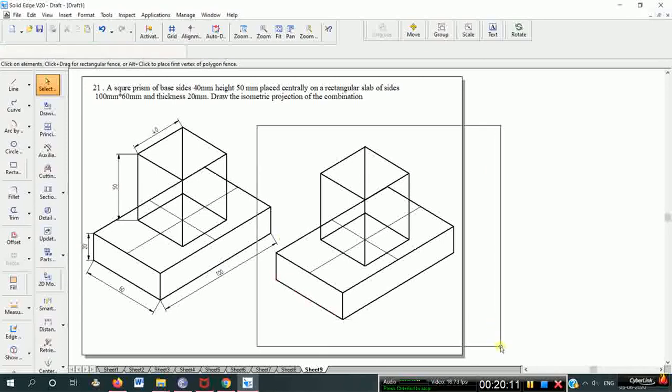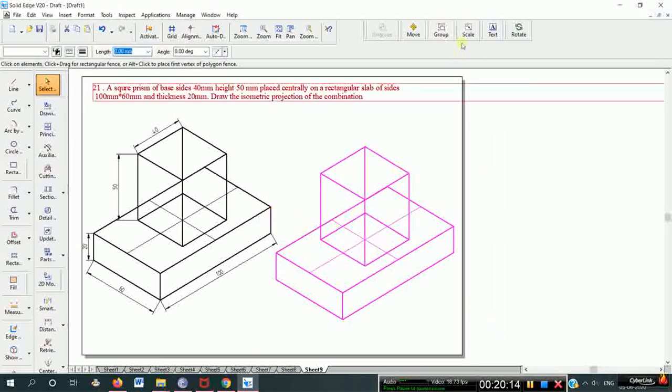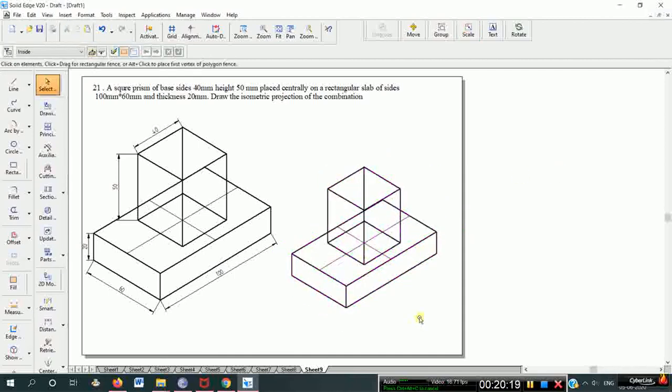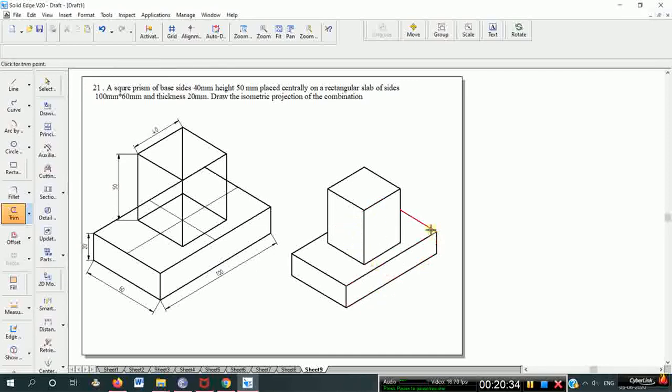So now convert this to isoscale. This is the combination of two solids, a square base prism placed on a rectangular slab. Okay, so only this is enough. This final figure is what you have to represent in your answer sheet. These other lines are not needed.